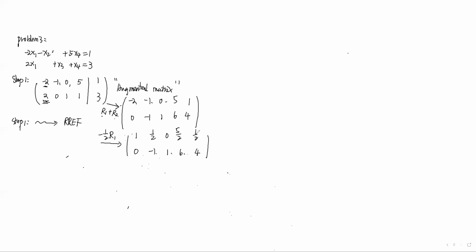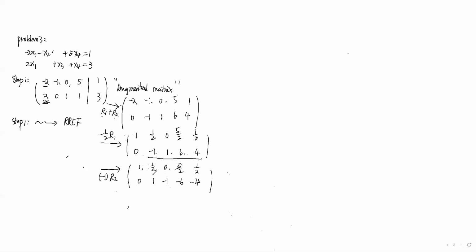Our goal is to make this 1. How? We can multiply R2 by negative 1. So we get 1, half, 0, and we just copy that, we didn't change anything. We get 0, 1, negative 1, negative 6, negative 4.